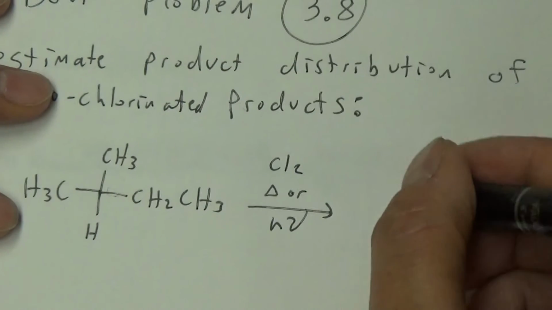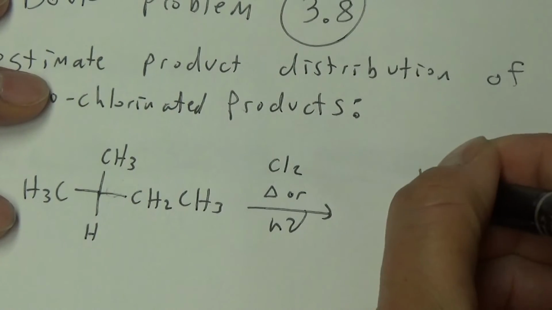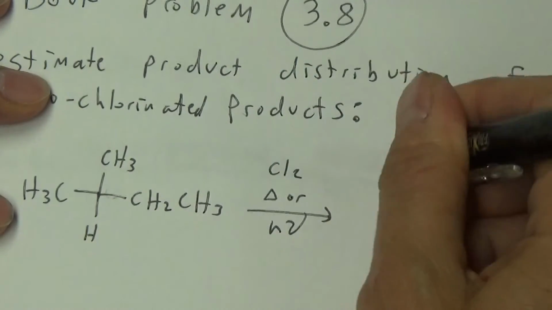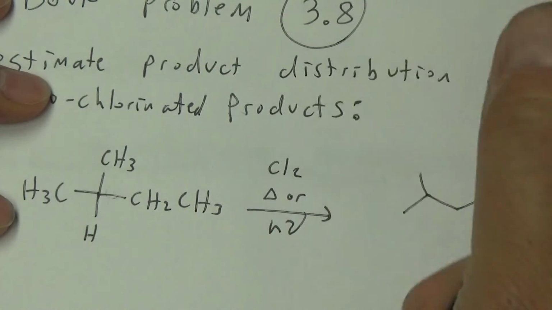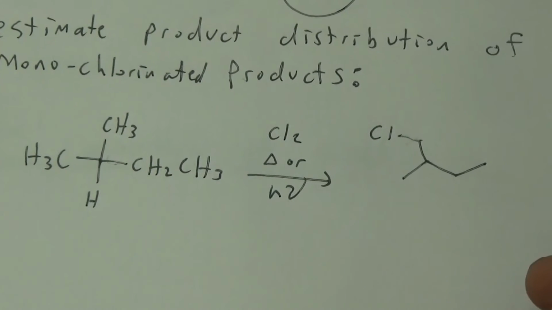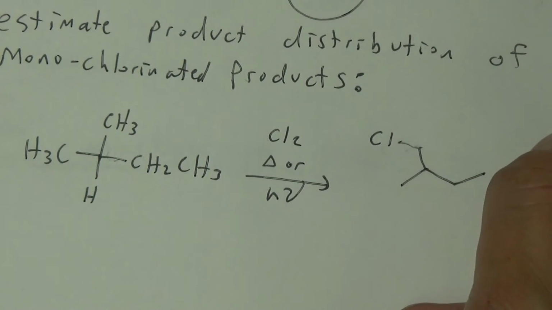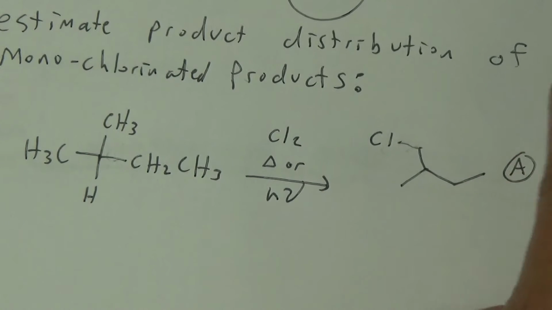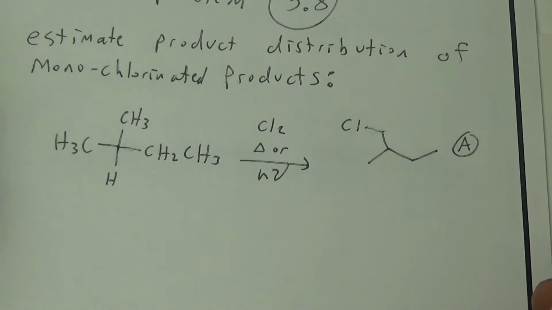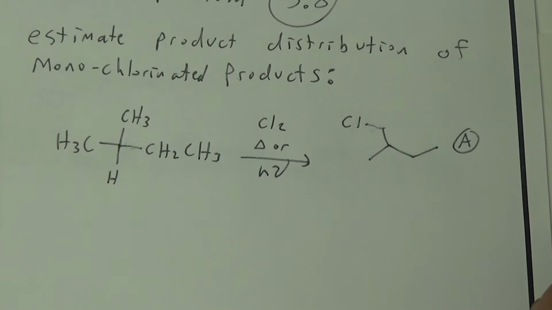So I'm going to draw these in skeletal format, and I'm going to call that A. And what's the next unique monochlorinated product?